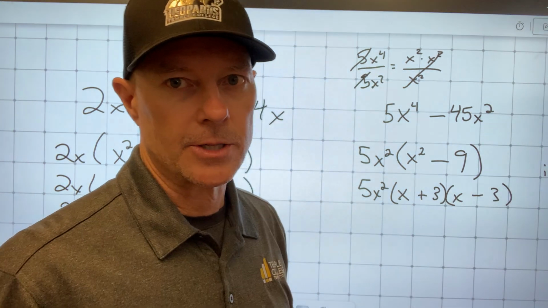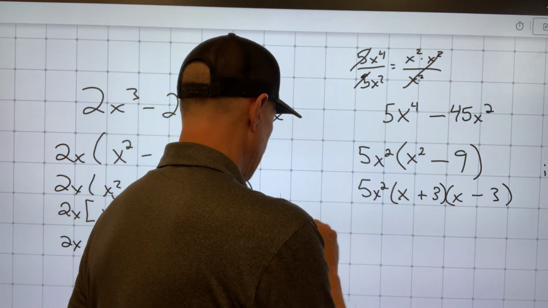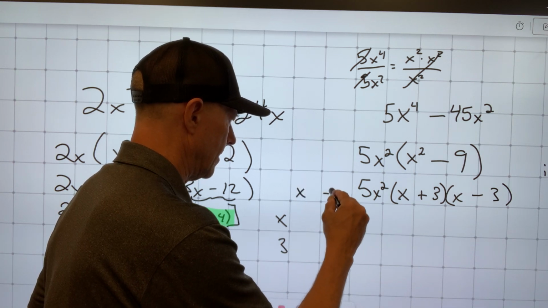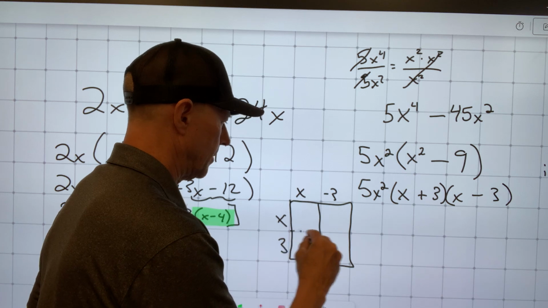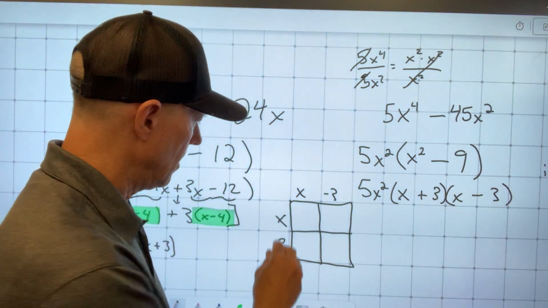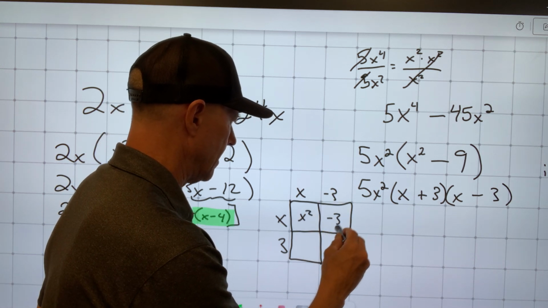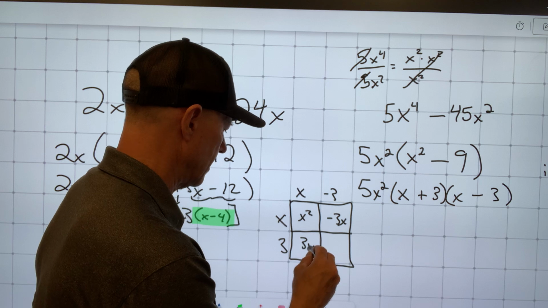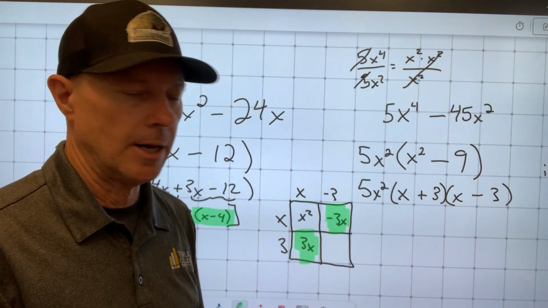Let's check our work. If I take x and positive 3 and x and negative 3, and use our little box method for multiplication, x times x is x squared, x times negative 3 is negative 3x, but positive 3 times x is positive 3x, and those add to 0, so they go away.